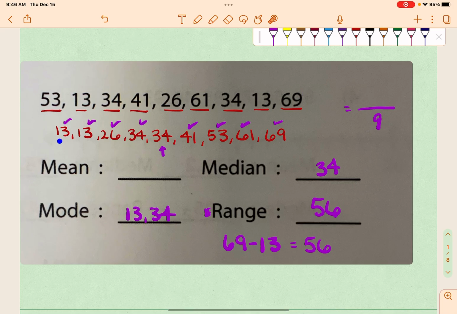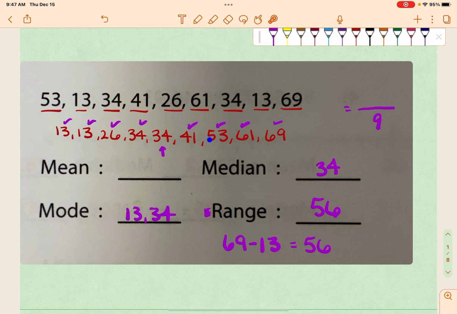I just start with the first one: 13 and 13, 26, 2 34s, a 41, a 53, a 61, and a 69.